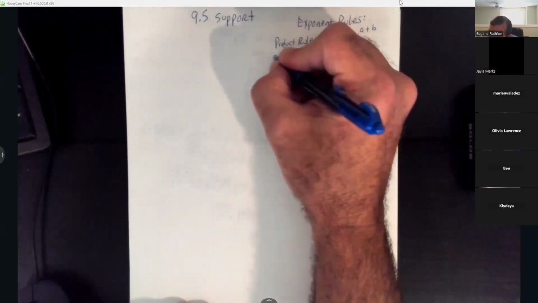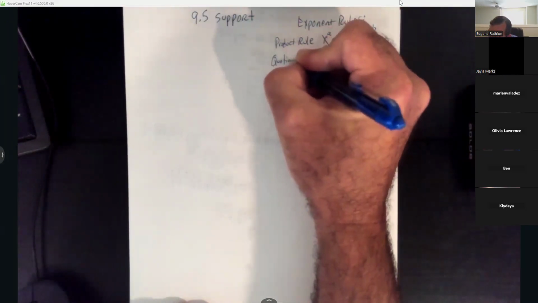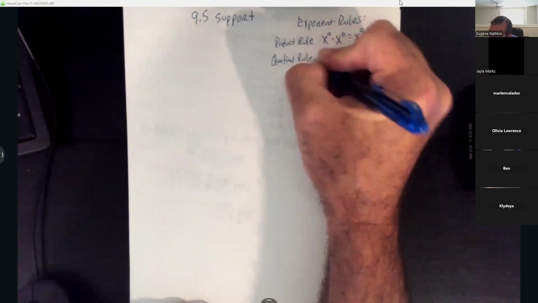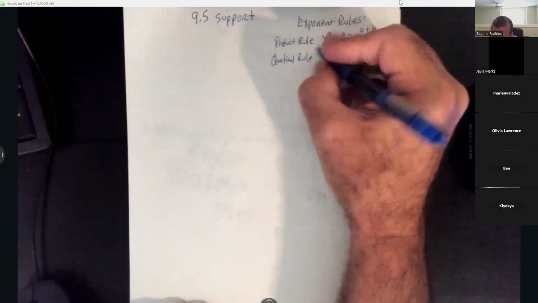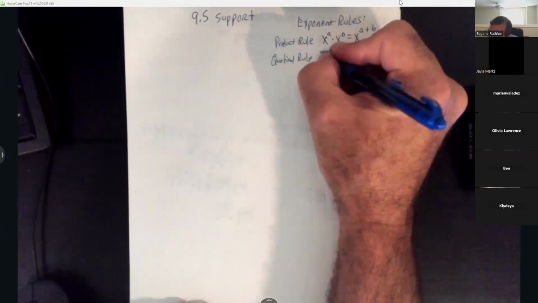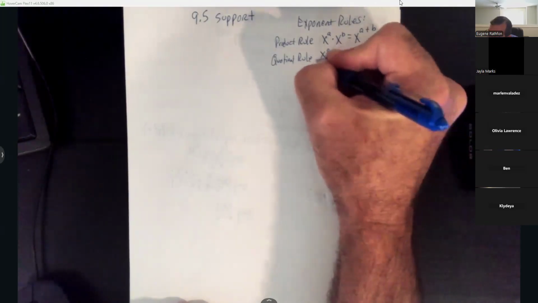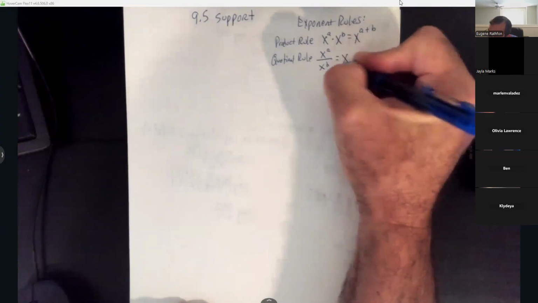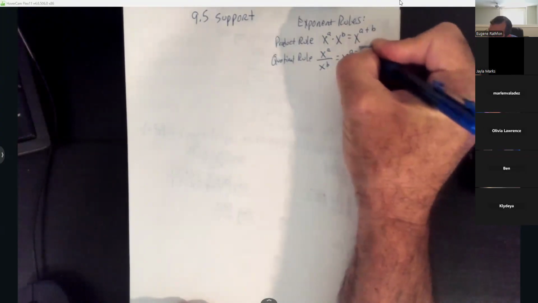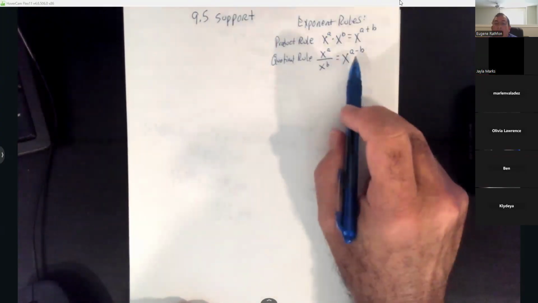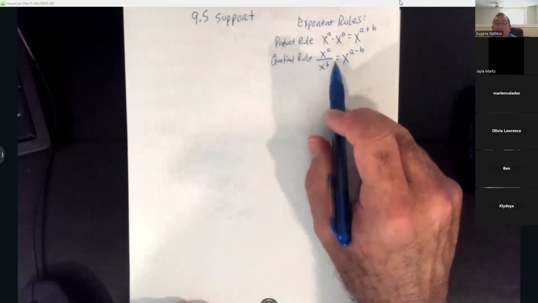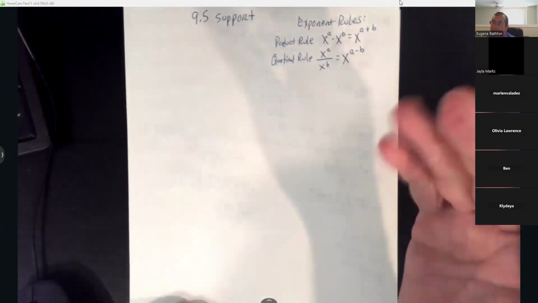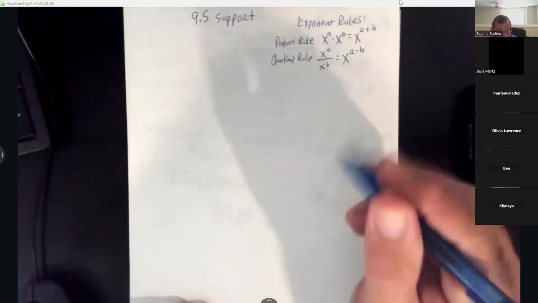We got a quotient rule. And it says x to the a divided by x to the b equals x to the a minus b. So it's the top one minus the bottom one, just like we did on our logarithms when we were rewriting them.